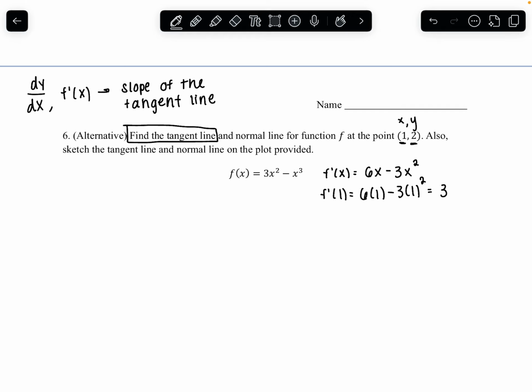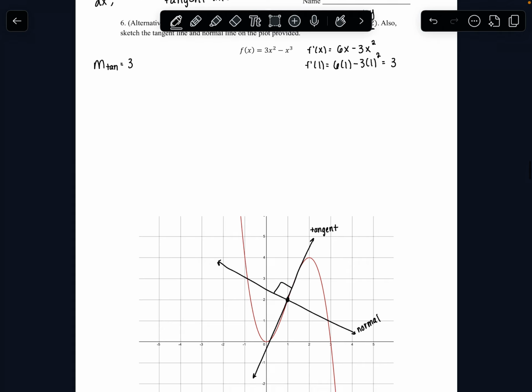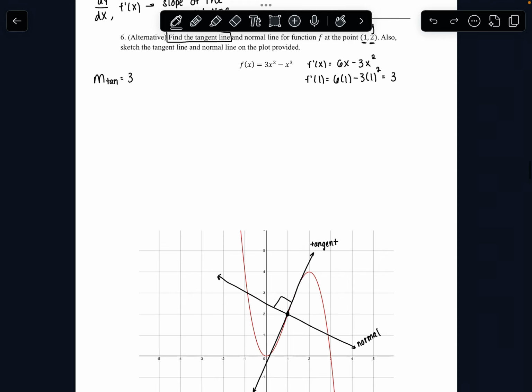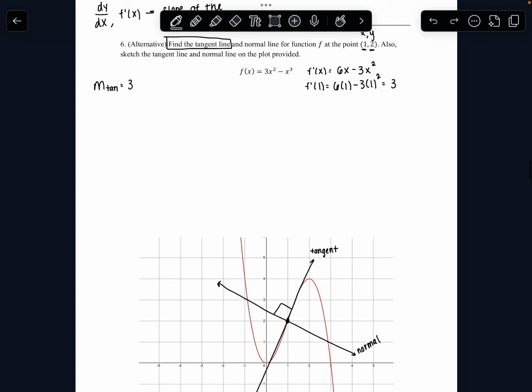So now the slope of my tangent line is equal to 3. Does that make sense? I'd say it does, because that's a positive value and it's pretty big, a pretty steep number.